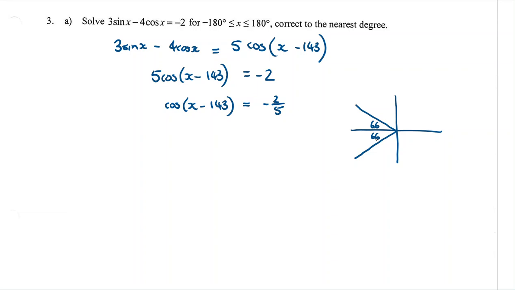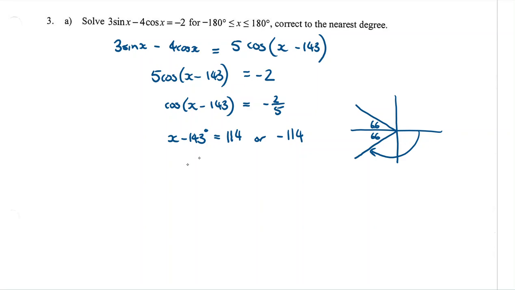So x minus 143 would be equal to 114 in the second quadrant, because 180 minus the 66, or negative 114 for the one going this way, because we're coming backwards. Remember doing that before?